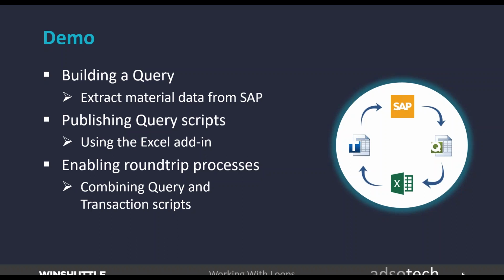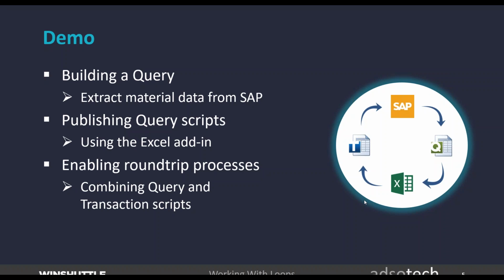And for this example, I decided to stick with the material master data. So sort of the same example we've already seen in the past, if you have been with us in the previous webinars. That'll be a nice and simple, fairly straightforward example.